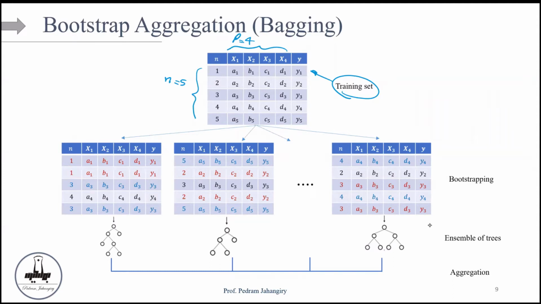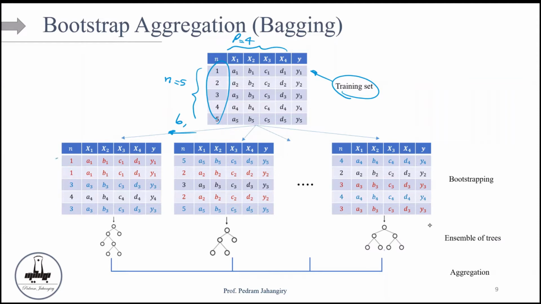Then we're going to bootstrap from this data. So what is the definition of bootstrap? Bootstrap means repeated sampling with replacement. So I'm drawing a sample from these 5 observations with replacement, and I do it thousands of times. So let's say the first bootstrap, let's call it B1. This is the first bootstrap. Look at that.